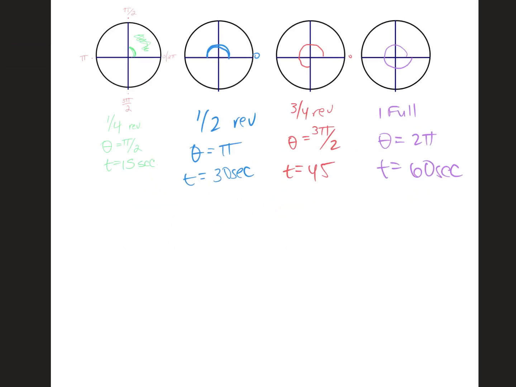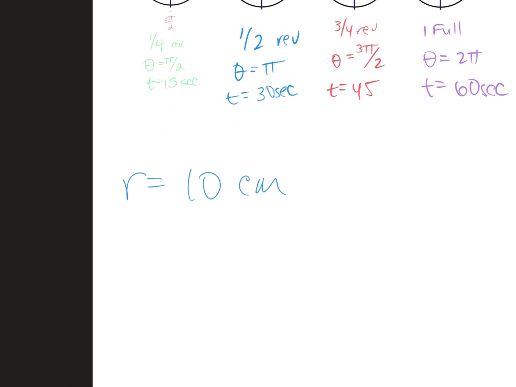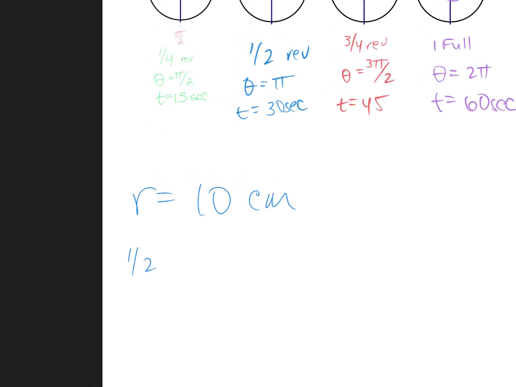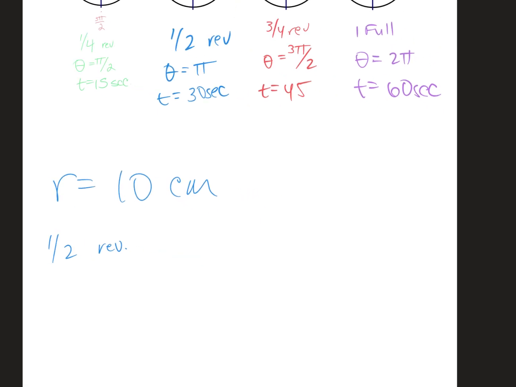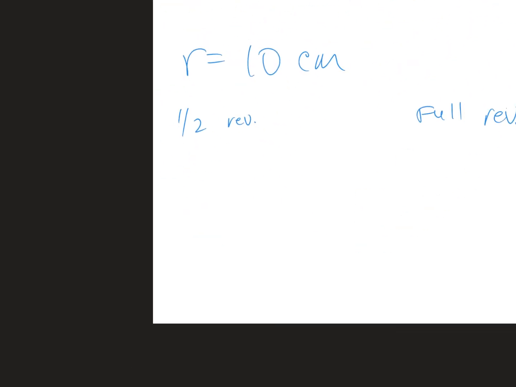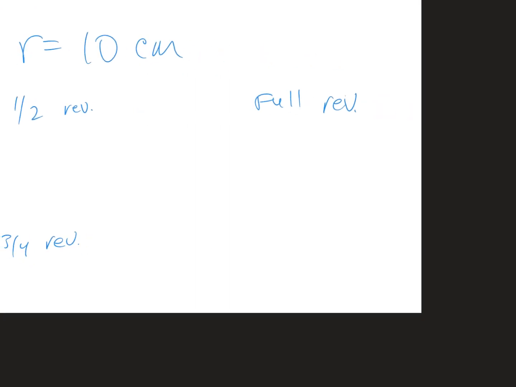They said that the radius of your second hand was 10 centimeters, right? Well, what's the linear speed at a half revolution versus a full revolution versus a 3/4 revolution versus a quarter revolution?